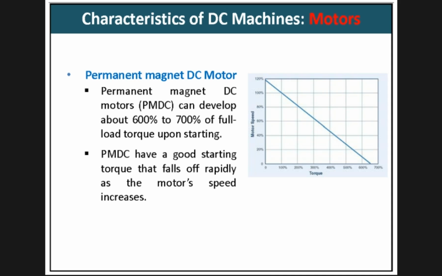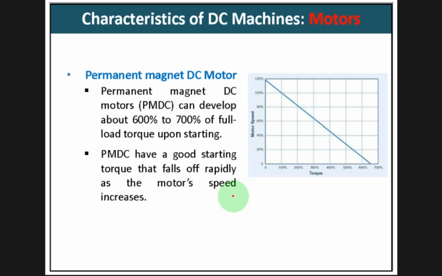For permanent magnet DC motors, PMDC, can develop about 600 to 700% of full load torque upon starting. At the start the torque is larger, but the torque will reduce when the speed increases. So they have a good starting torque that falls off rapidly as the motor speed increases.